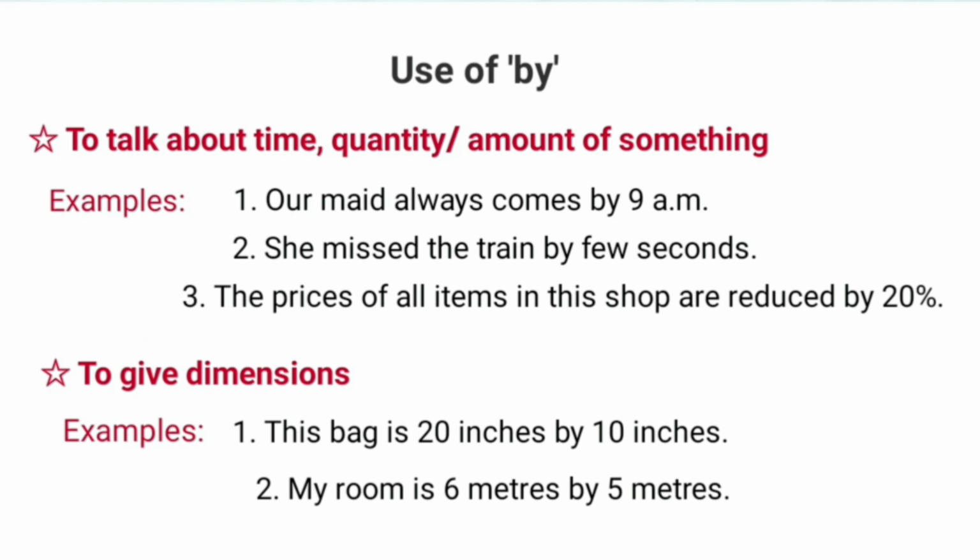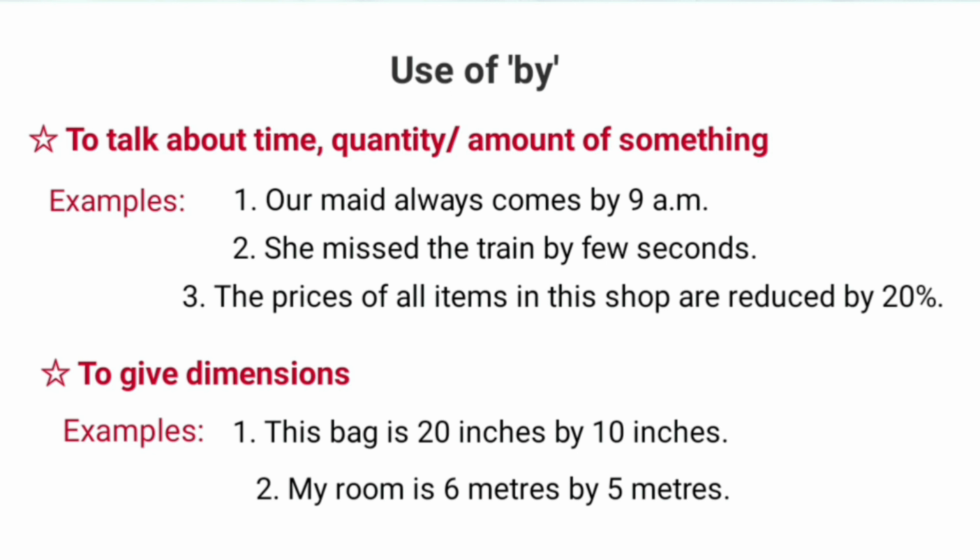By is used to talk about time, quantity or amount of something. Examples: our maid always comes by 9 a.m. It means not later than 9 a.m. Second, she missed the train by few seconds. By few seconds is an amount of time.